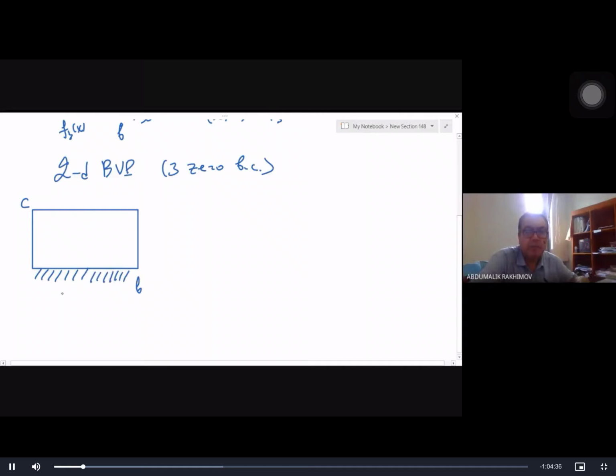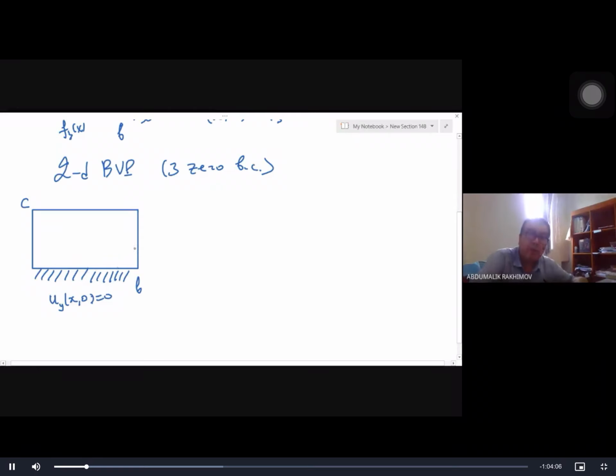It means no heat flow through this boundary. Heat flow is a change of function, and change of function means derivative. This is the y direction, so it means Uy(x,0) is equal to 0.